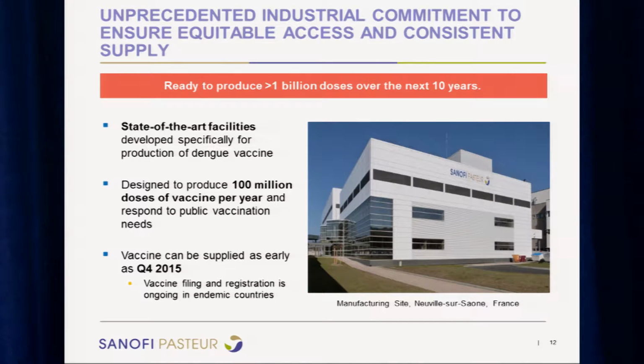So right now we have one huge production facility in France, which is making all the dengue vaccine. But we are expanding formulation, filling, and lyophilization activities in the US, and we'll see if we have to expand it to other regions. So the capacity is sufficient, with our overriding goal being to ensure access of vaccine to all who need it.